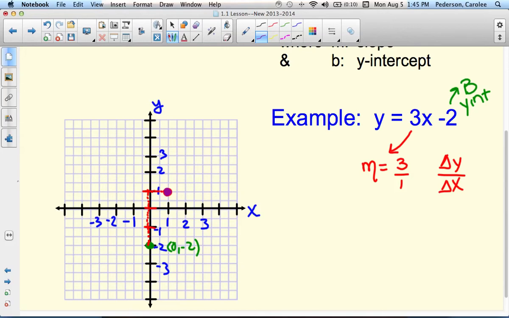Then you can continue that pattern: rise 3 more, then run 1 in a positive direction. You would label those ordered pairs, and then connect the points, the green with the 2 purples. And there is my linear function graphed out.